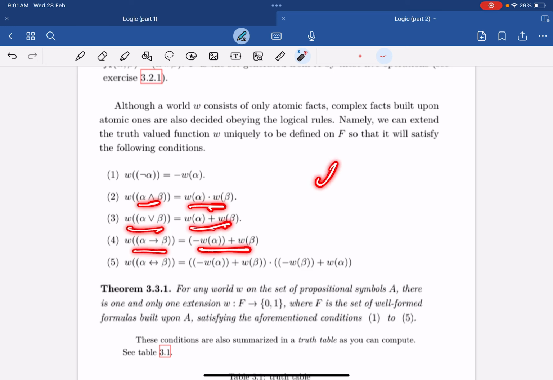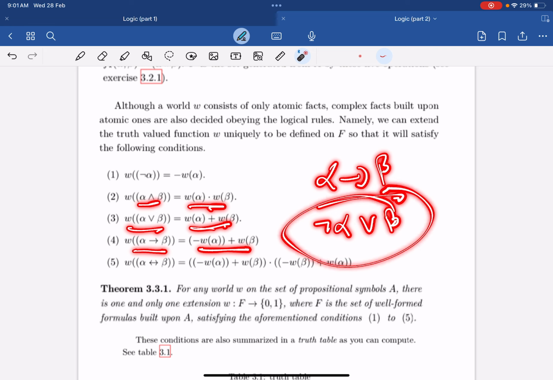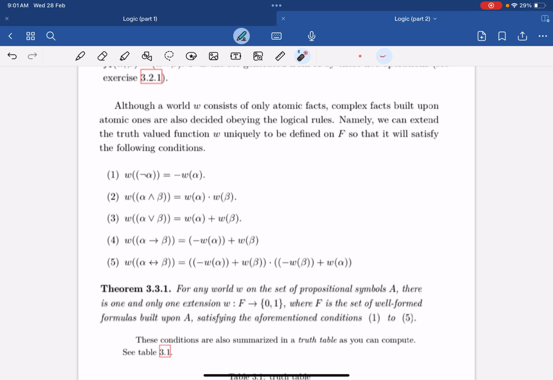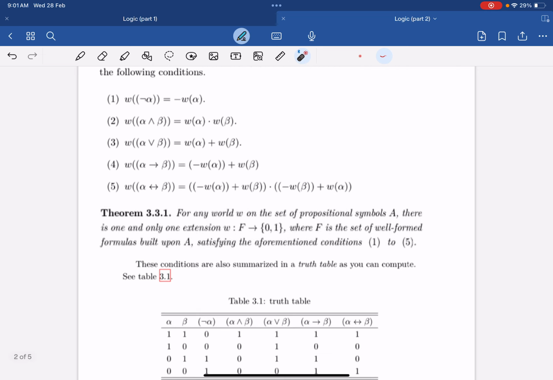Implication: alpha implies beta. Remember, we can rewrite this as not alpha or beta. This part will correspond to this, and this will correspond to this, and then you add them up because it's an OR.